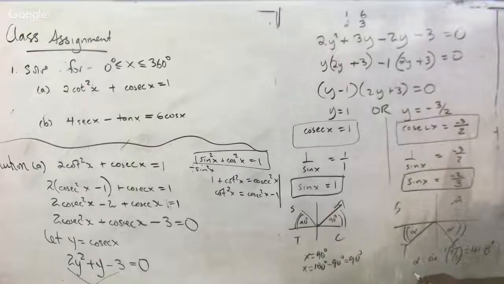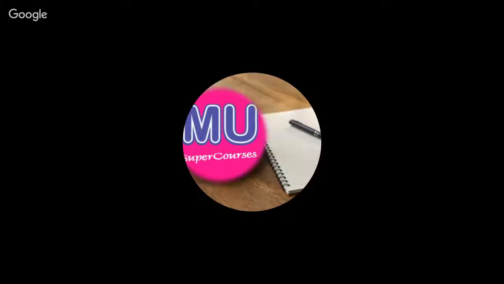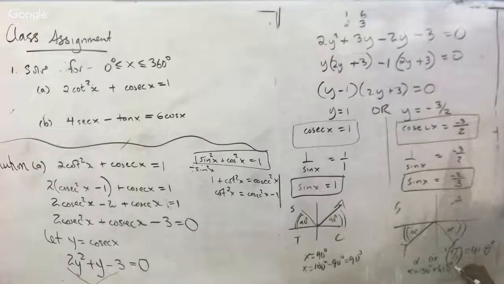So this is x equal to 180 plus the alpha, which is 180 plus 41.8, which is 221.8. Is that correct? Yes.